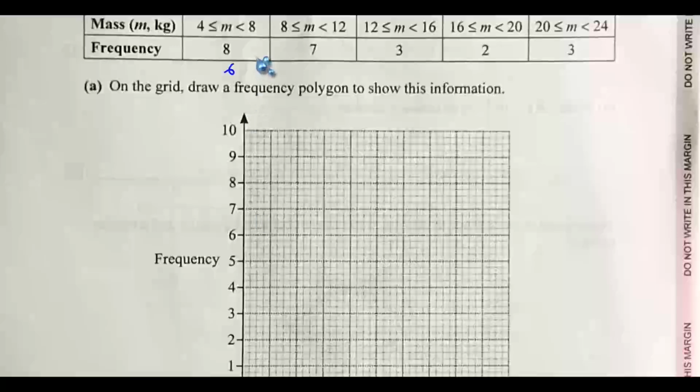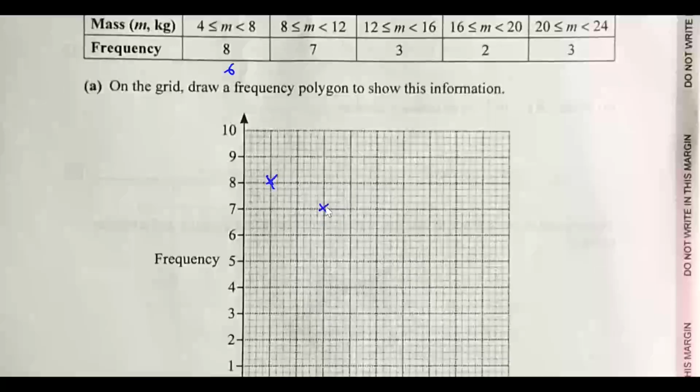For the first interval, between 4 and 8, the frequency is 8. So the middle should be somewhere here. Let's mark this one here. Between 8 and 12, the frequency is 7.